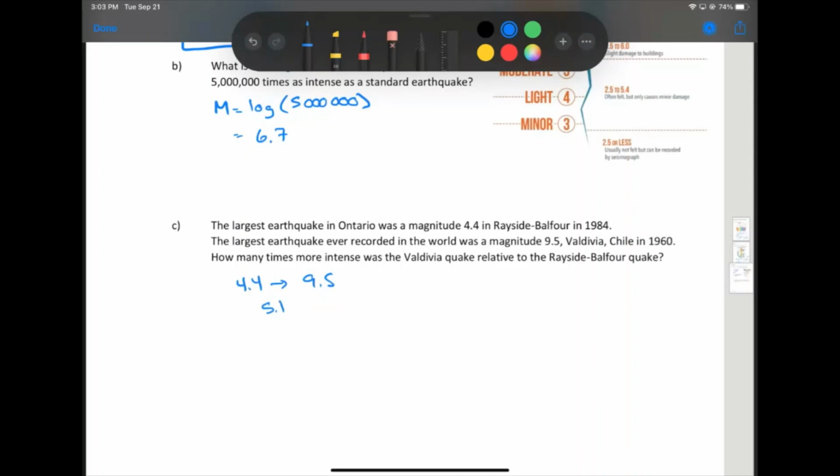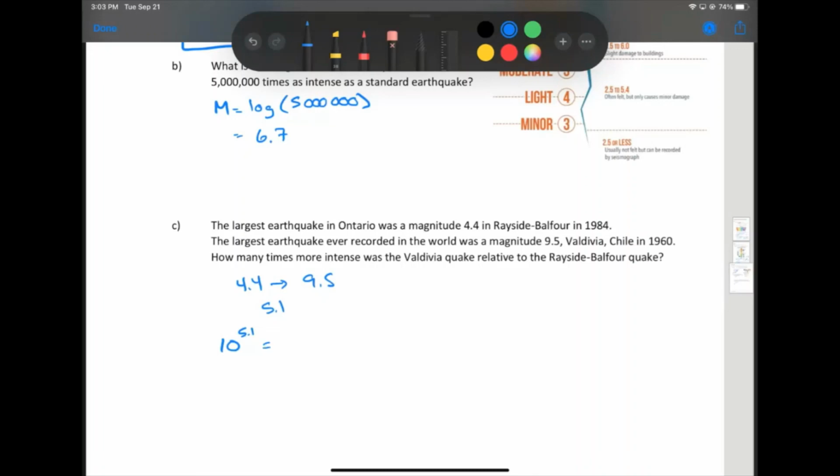That doesn't mean it's 5.1 times more intense. It means that when we go up by 1, it's 10 times bigger. 2, it's another 10 times bigger. 3, another 10 times bigger. 4, another 10 times bigger. 5, another 10 times bigger. And then that extra 0.1 is a little bit more. But either way, the intensity is going to be 10 to the 5.1.